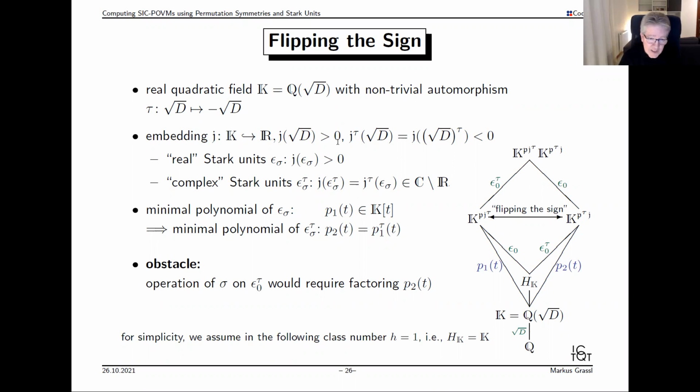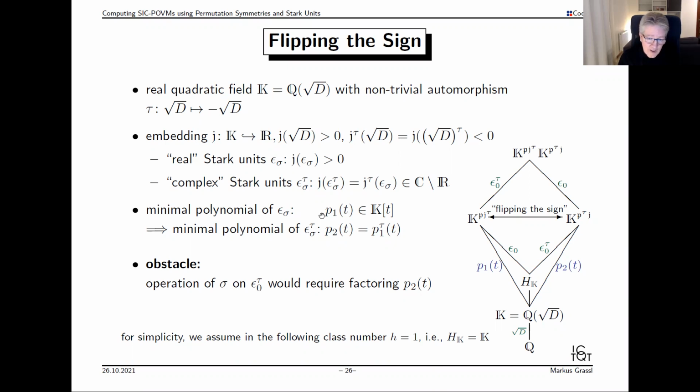What we are after in the end is actually complex numbers. And those we would get by applying just the other embedding, which gives negative numbers. That's also what class field theory tells us, that we are allowed to get complex numbers on that.